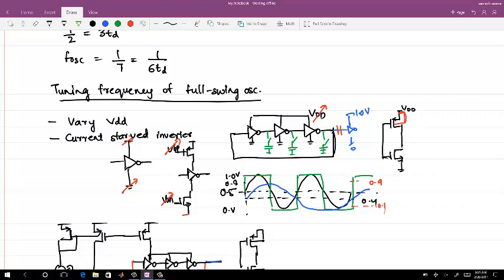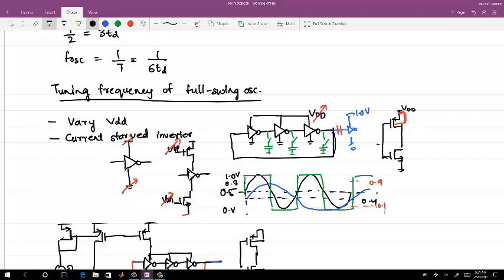The highest frequency of oscillation will be dictated by your supply, how high can you go. And the lowest frequency of oscillation will be dictated by where your ring oscillator stops triggering at all. If I keep on reducing this VDD and go close to the VTH of this device, it will not trigger, VTH of NMOS or VT of PMOS. So you cannot lower the frequency below that point.